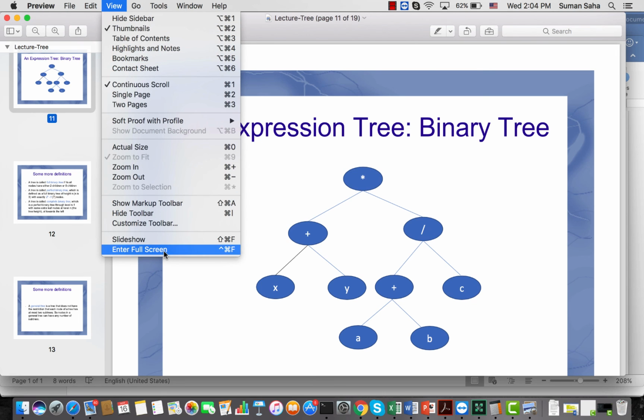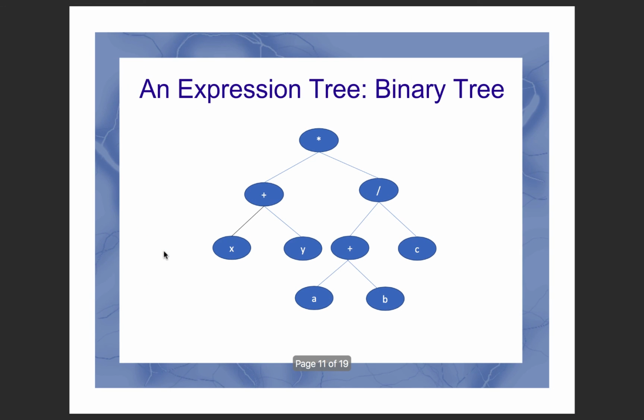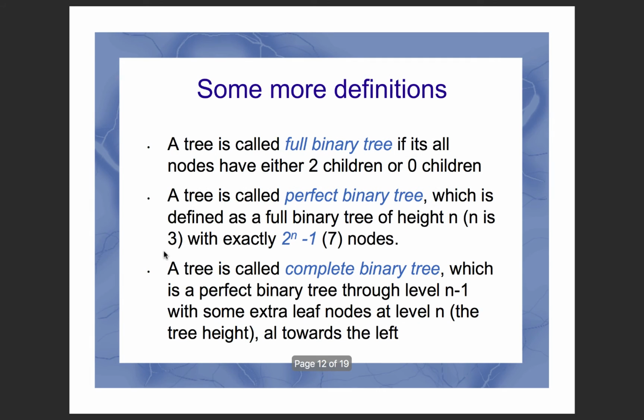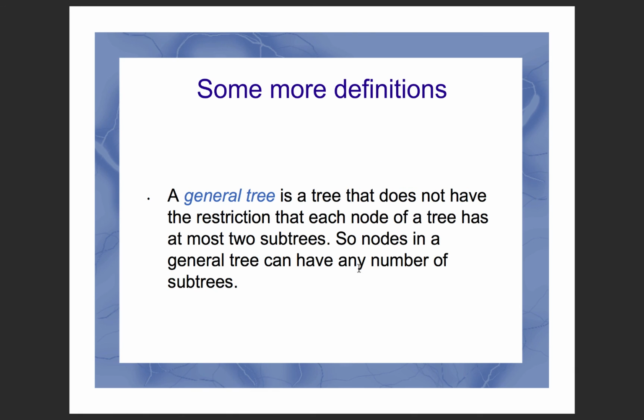So we understand that binary trees have several categories: full binary tree, perfect binary tree, and complete binary tree. And a general tree doesn't have the restriction that each node has at most two subtrees. That means a tree which is not a binary tree you can call a general tree.